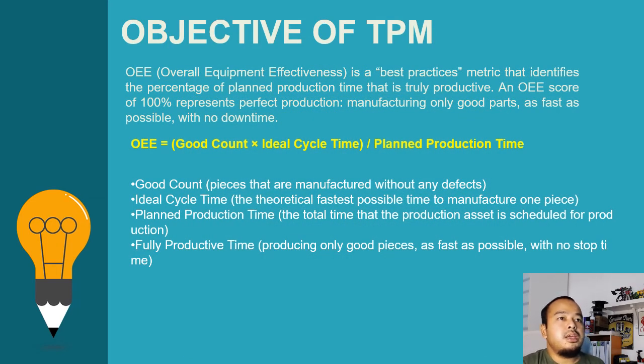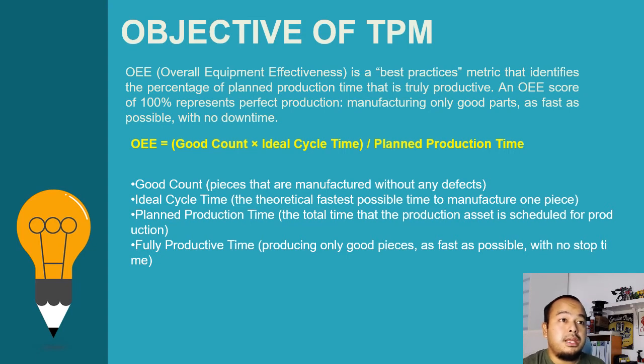Okay, so here I would like to describe more about OEE. OEE is a best practice metric that identifies the percentage of planned production time that is truly productive. So an OEE score of 100% represents perfect production. I mentioned tadi pasal benchmark.